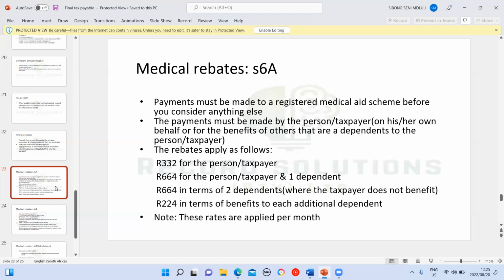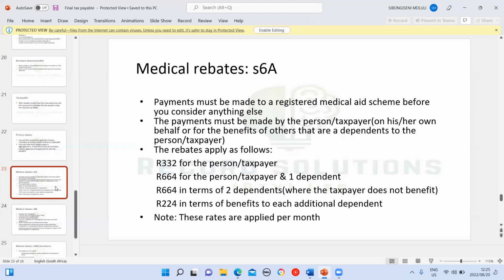They must be dependents. So after that, 224 rand in terms of the benefits to each additional dependent will be applied as a rebate. So let me just break this down.